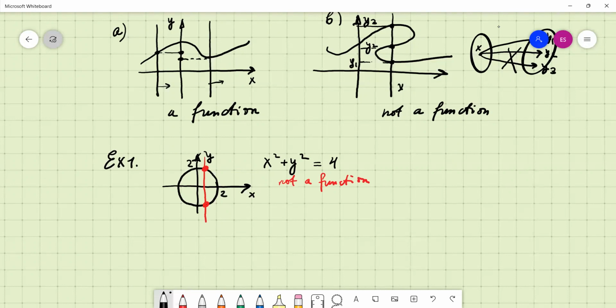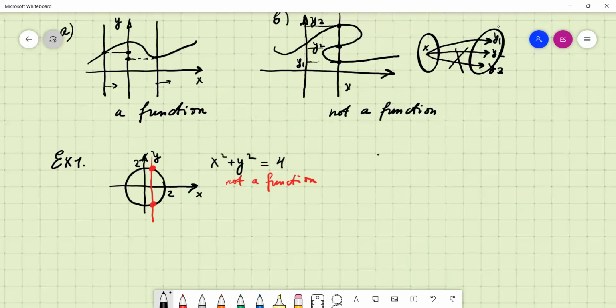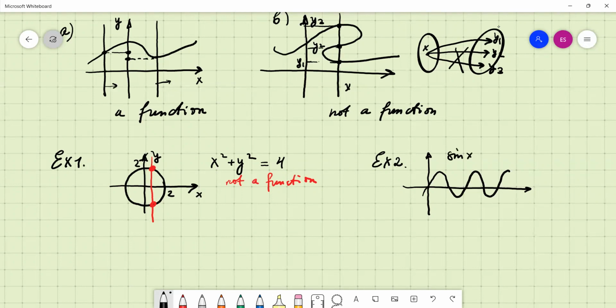Okay, one more. I'm going to consider another example here. Example 2. Well, guys, we did not cover trigonometric functions yet, but you have probably seen something like this, a function which looks like this. This function is called the sine of x function.